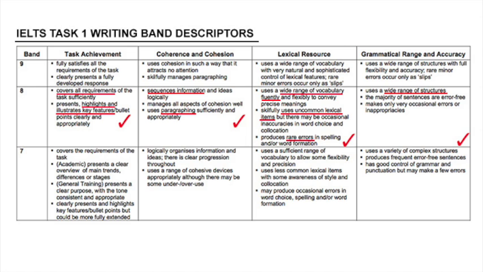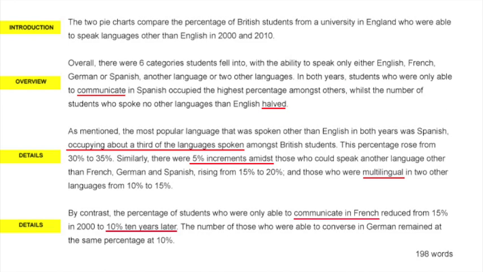To guarantee a band 8 in lexical resource, I like to change words up a lot and use uncommon words as much as possible to show off to the marker that I have a great range of vocabulary. So if we look back at what I wrote, I said communicate instead of speak. Instead of saying a percentage went from 20% to 10%, I just wrote that it halved. Instead of saying 30%, I said roughly a third, because I think it goes up to 35% in 2010.